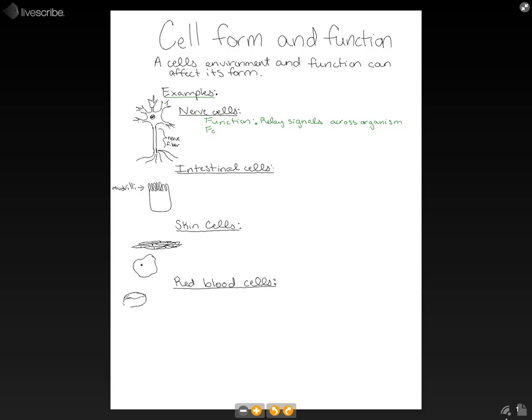Now the form of the nerve cell, we can see it has the long extension of the nerve fiber to send signals, and lots of signal receptors at the body of the cell.